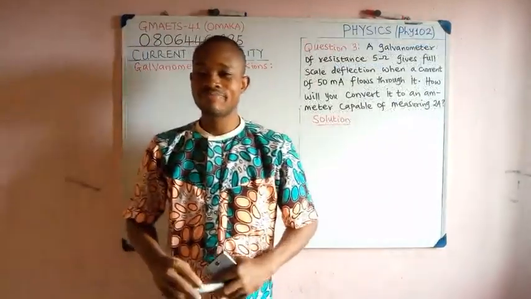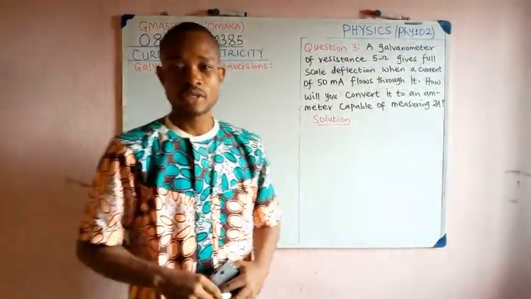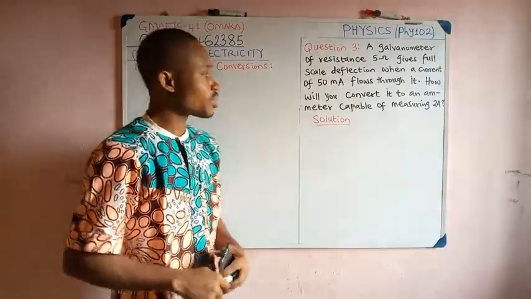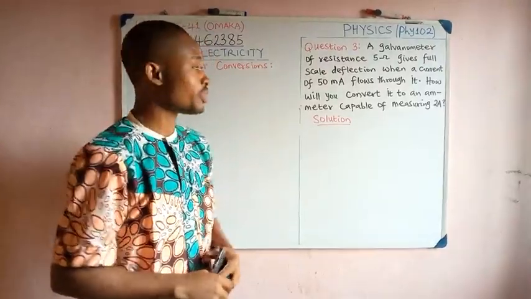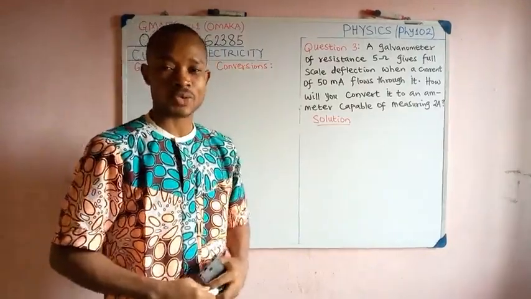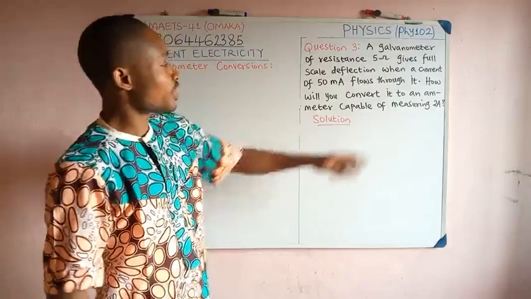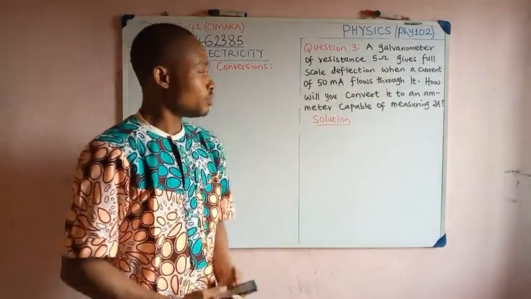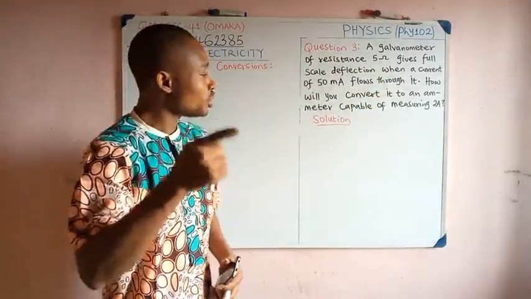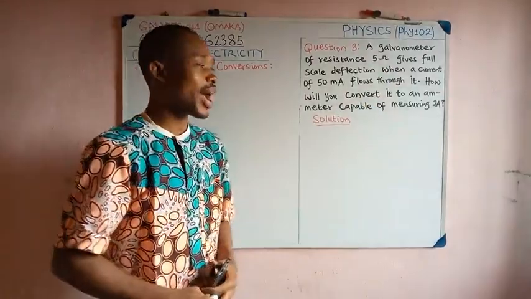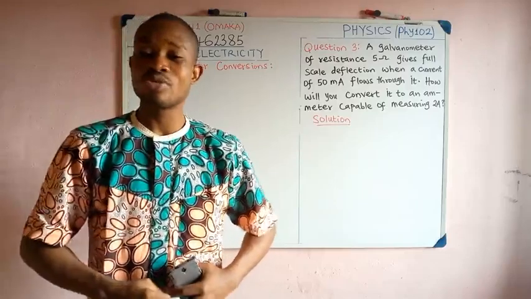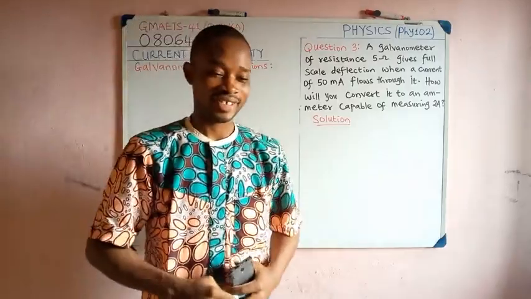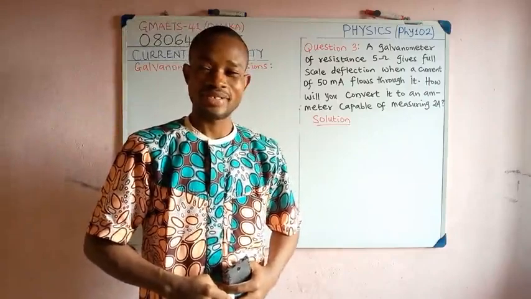In this video, let us look at a galvanometer that gives a full-scale deflection when a certain amount of current, 50 milliampere, flows through it. The resistance of the galvanometer is 5 ohms. How will you convert it to an ammeter capable of measuring 2 ampere? Do you understand the question?